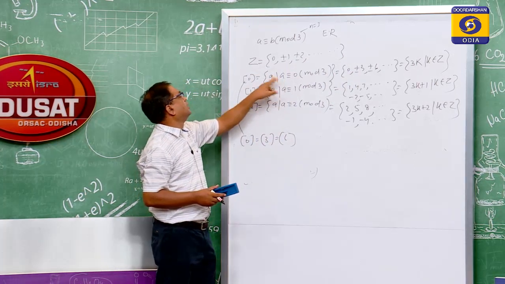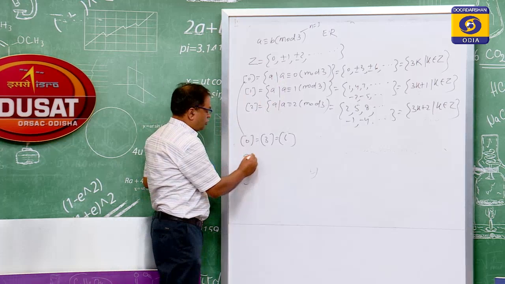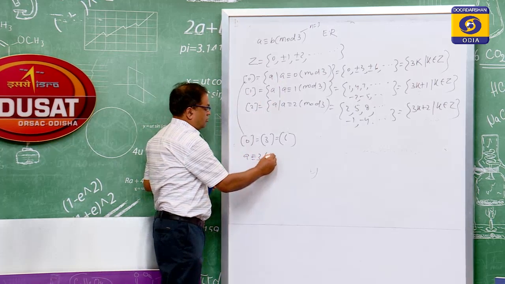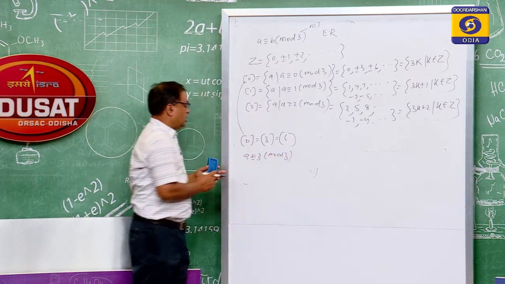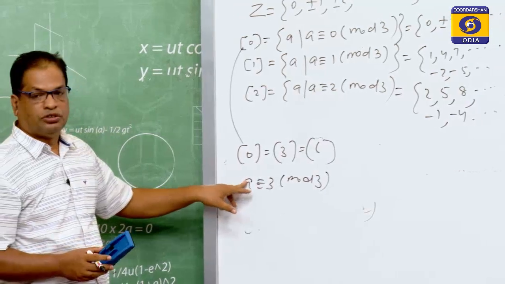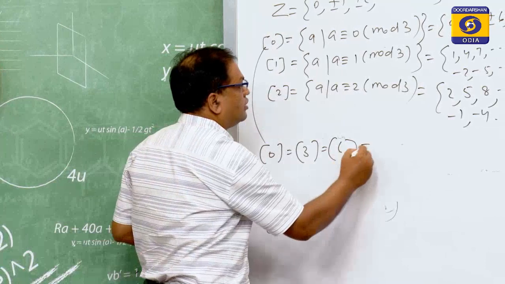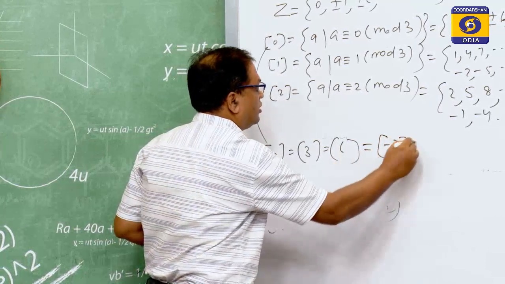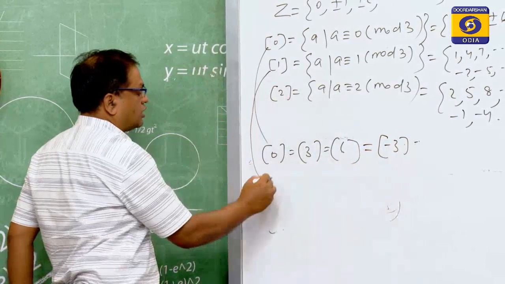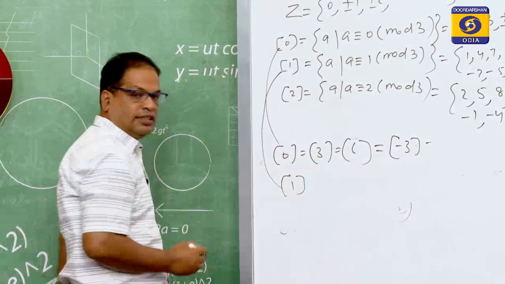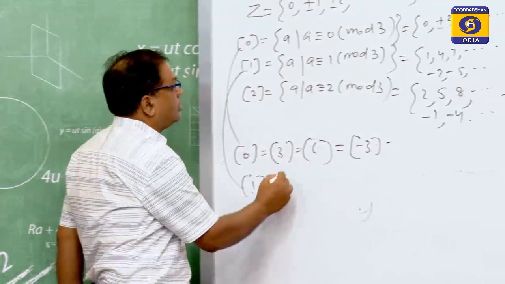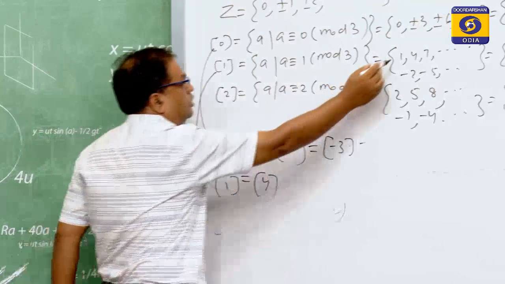Also you can check a congruent to 3 mod 3, the value of a will be 3, 0, so you will get the same set. Similarly for the equivalence class of minus 3. Similarly, if you find the equivalence class of 1, you can check, you will get the same set.